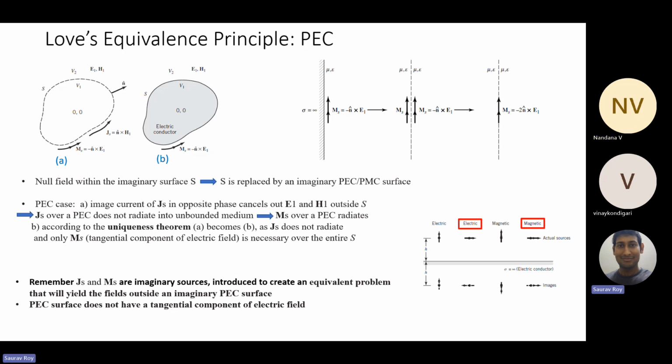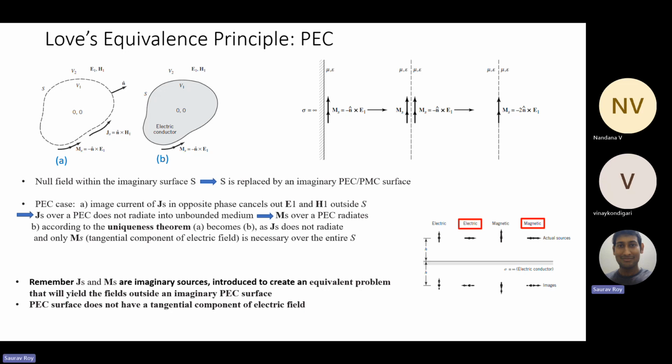Now if you take the image current of J_S, that is in opposite phase. So if you take both J_S and the image source J prime S, they will be in opposite phase. So the contribution due to both of them will cancel out for the E1 and H1 calculation.